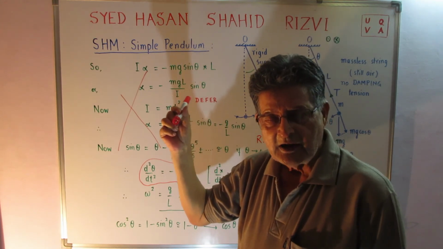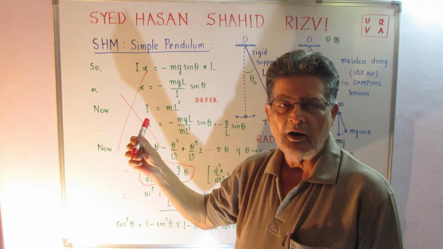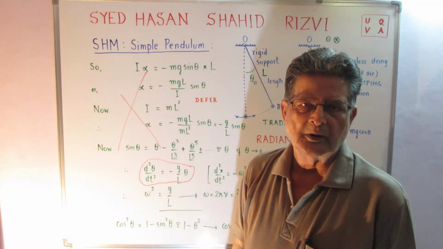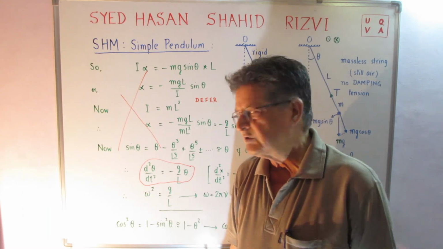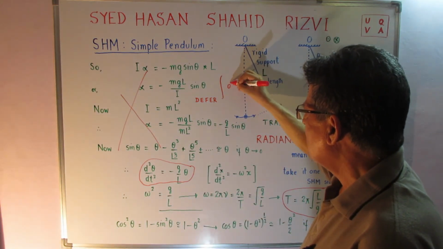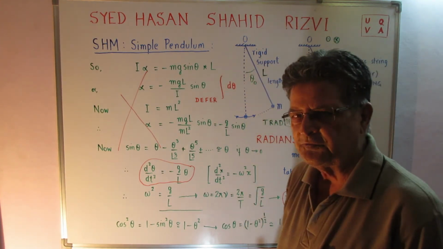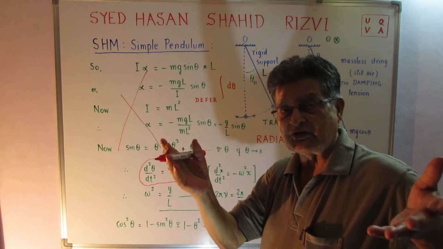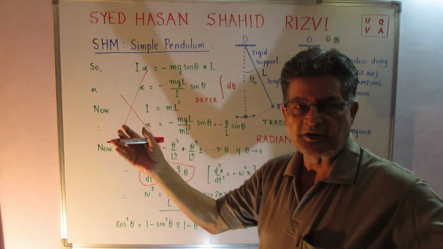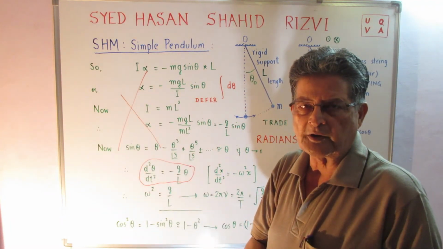What is that? If sine theta or cosine theta are differentiated with respect to theta, then their phase advances by pi by 2 radians, and if it is integrated, then the phase again advances by minus pi by 2 radians.